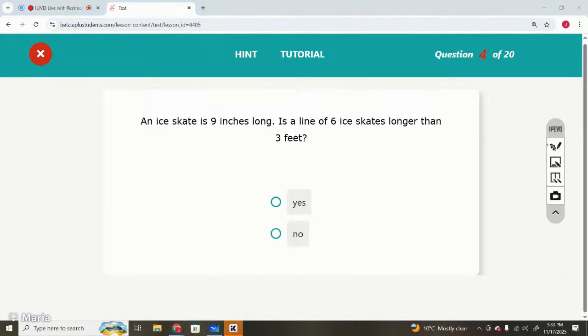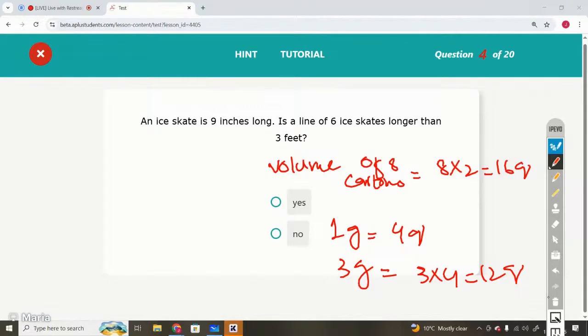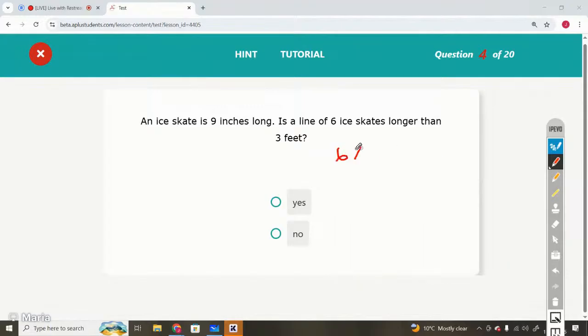One ice skate is 9 inches long. So 6 ice skates means 6 times 9, that is 54 inches long.